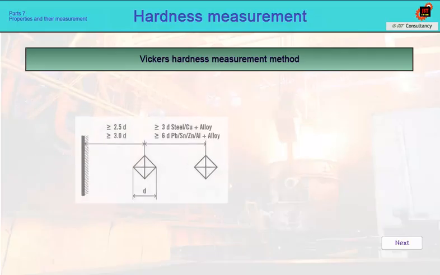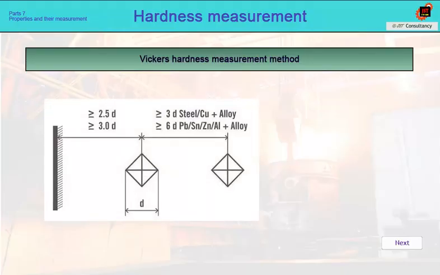As with the previous methods, the distance of the indentation from the edge or from another indentation must be at least 3 times the diagonal of the indentation for soft materials and 2.5 times for hard materials. Otherwise, there is a risk that we will measure material strengthened by plastic deformation from the previous indentation.